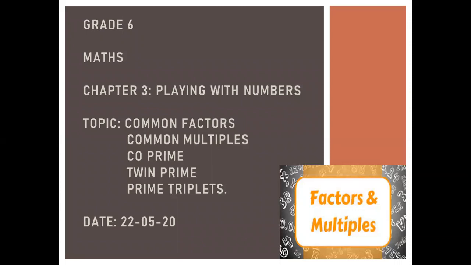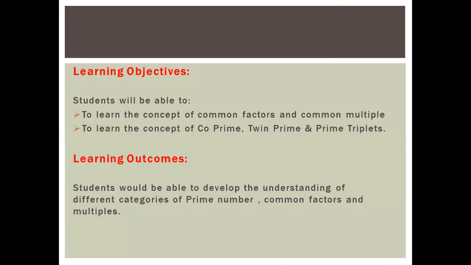In the last video we finished divisibility rules and its exercise. In today's class we will learn about common factors, common multiples, and different types of prime numbers. Learning objective: students will be able to learn the concept of common factors and common multiples.